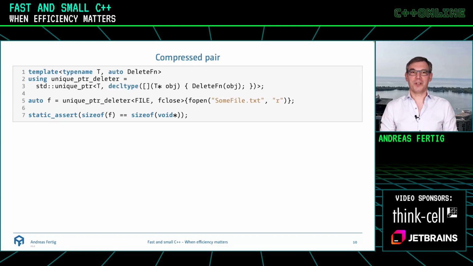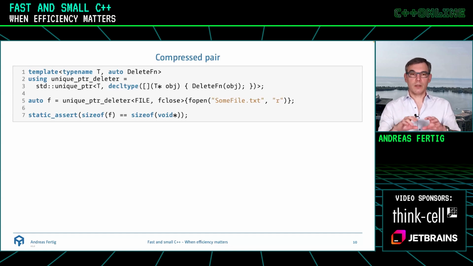So this is what we are doing here. And then I have my unique_pointer_deleter in line number 5. I use it, and from the using perspective, it's also really great. I provide the data type I want to wrap, FILE, and the function I want that thing to invoke when the unique pointer gets destroyed, fclose.